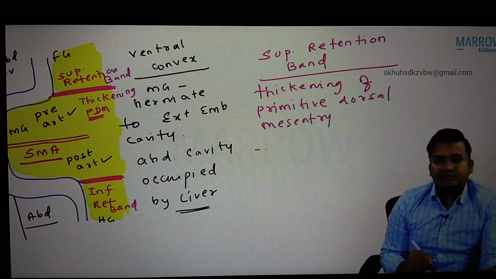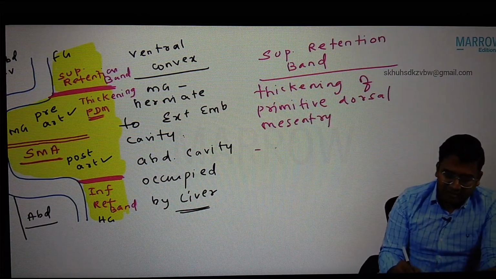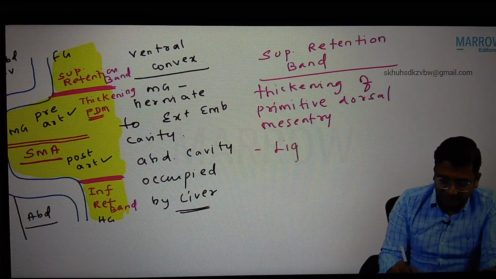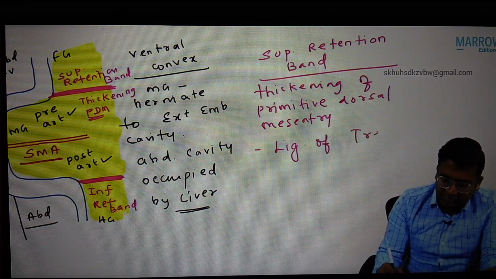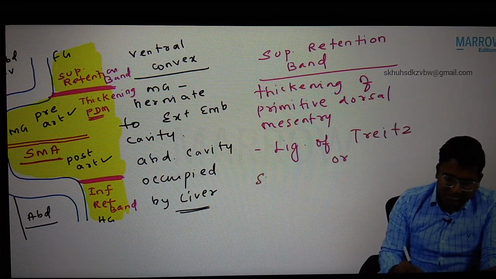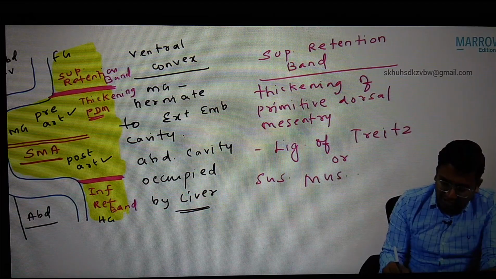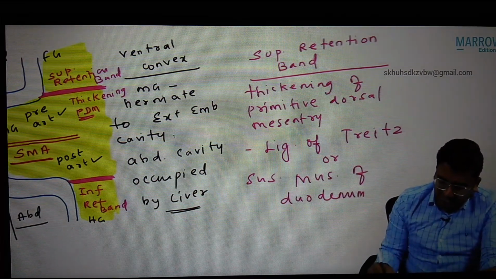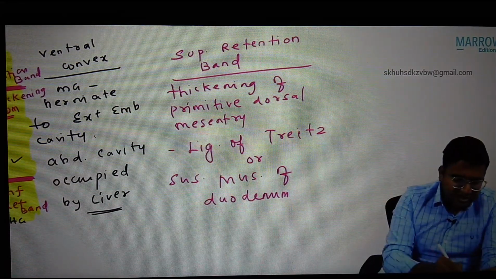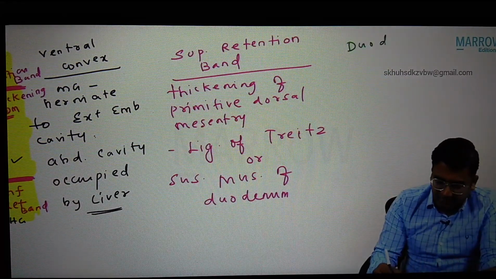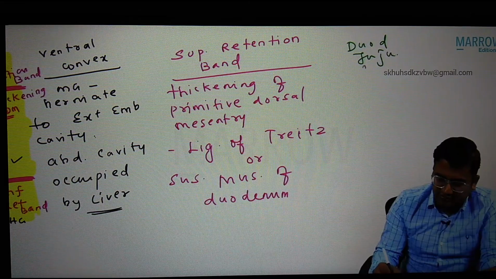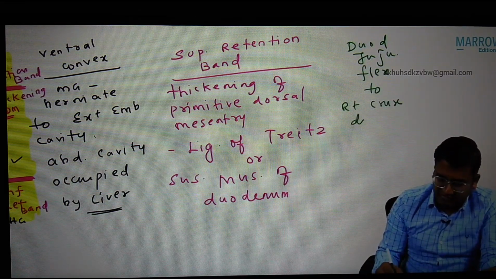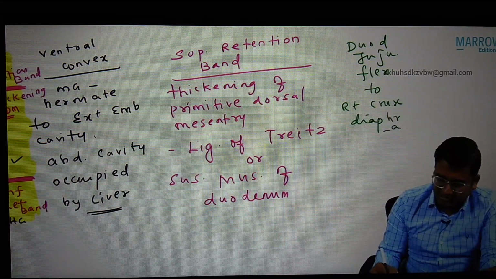Now the superior retention band later forms one remnant. What is that? The ligament of Treitz or suspensory muscle of the duodenum, which extends from the duodenojejunal flexure up to the right crus of the diaphragm.